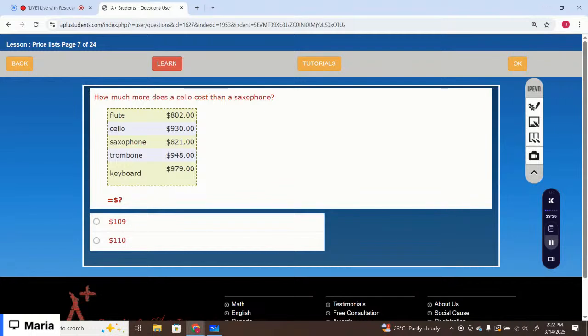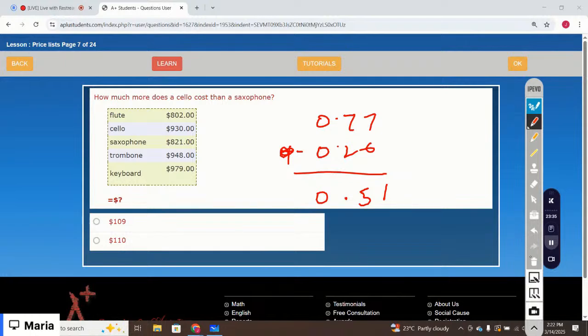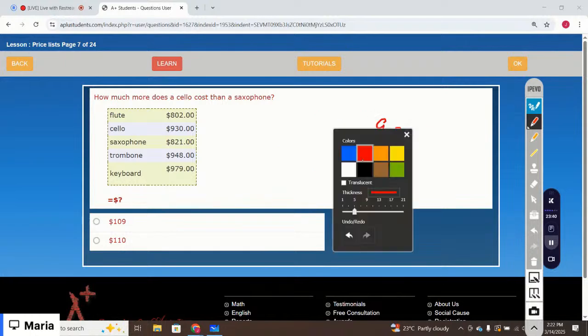The cello costs $930 and the saxophone costs $821.